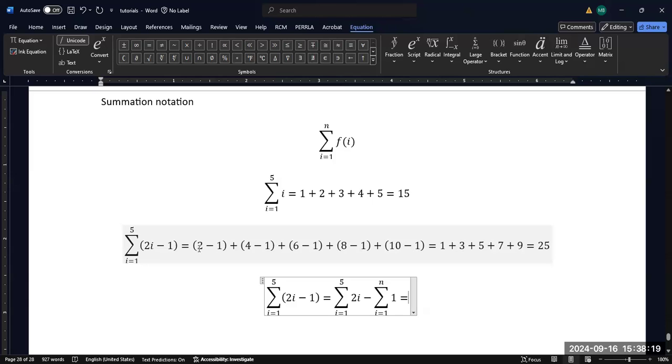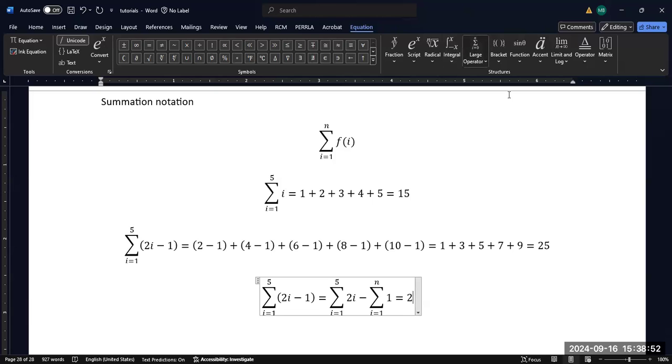And then all these other terms, 2i when I is 1, 2i when I is 2, 2i when I is 3, 2i when I was 4, 2i when I was 5, I can put those together in their own summation. And the other thing that I can do is, because this 2 is multiplying 1 plus 2 plus 3 plus 4 plus 5, just a sum, I can use my distributive rule and pull the 2 outside.